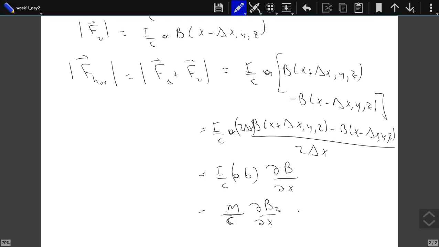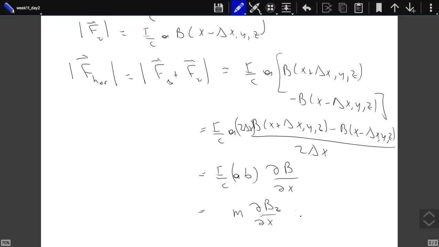And M is just a constant, so I A B over C is what we call M. So this is basically why we have the derivative of the B field that creates a force.